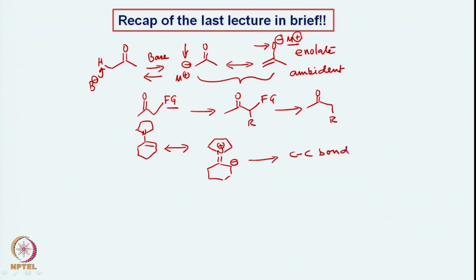But then we also saw the problems associated with this enamine chemistry. For example, it can be an N-alkylation, or it can be that the formation of enamines when there is a substituent here on the left hand side, that is if we have a substituent here on this side, then generation of this type of enamines becomes difficult.